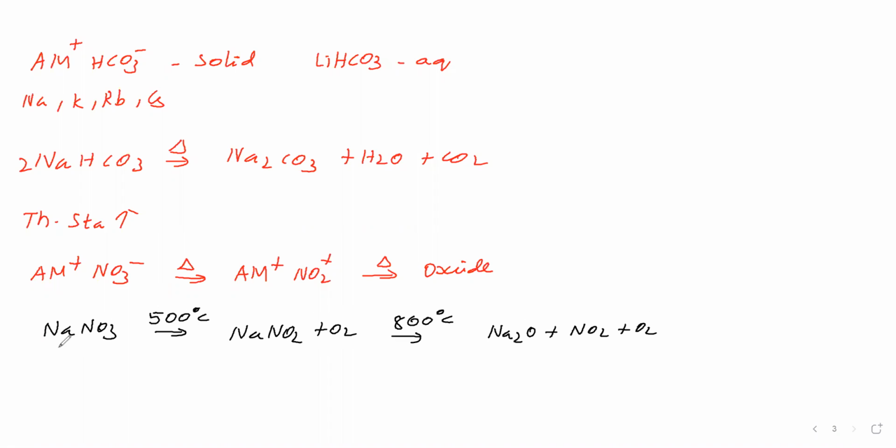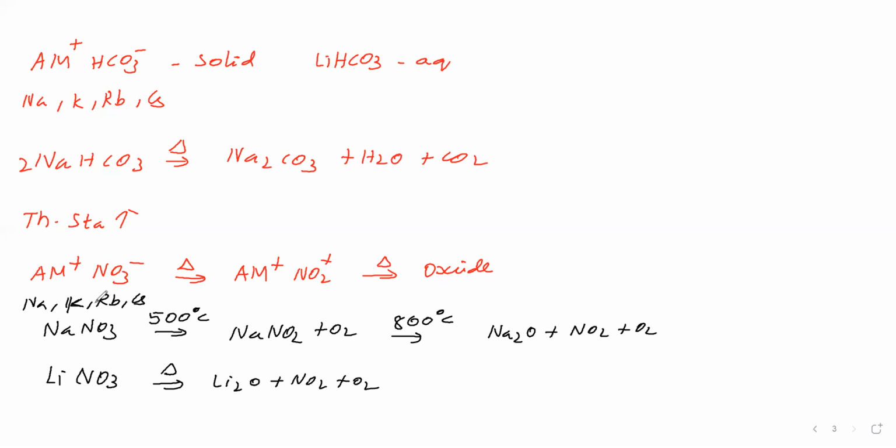So sodium nitrate on heating to 500 degrees Celsius gives sodium nitrite and oxygen. On heating further, this decomposes to give sodium oxide, NO2, O2. Lithium nitrate on heating gives directly lithium oxide, NO2 and O2. Lithium is the exception. So this category covers sodium, potassium, rubidium, cesium.